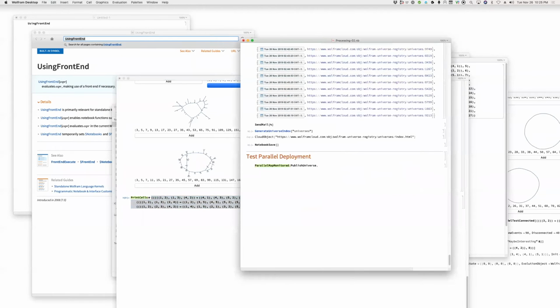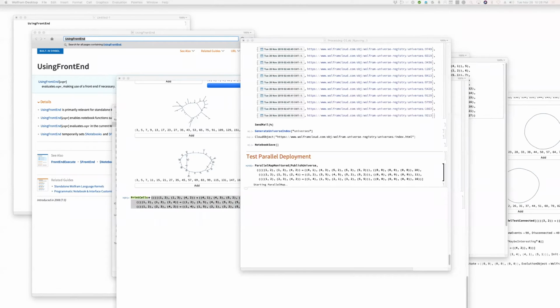And let's see what happens, because I inserted a use front end thing in there. See what happens here. This will be very useful if it works properly because it will allow us to deploy much more quickly. So this is trying to build those pages that you saw on the previous thing. Why is it still saying starting parallel map?